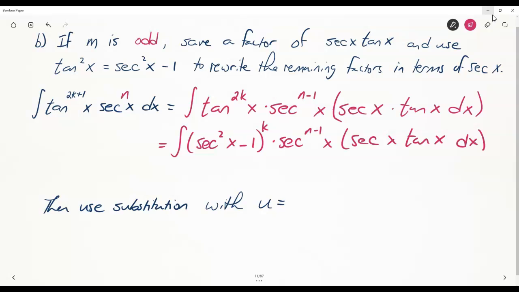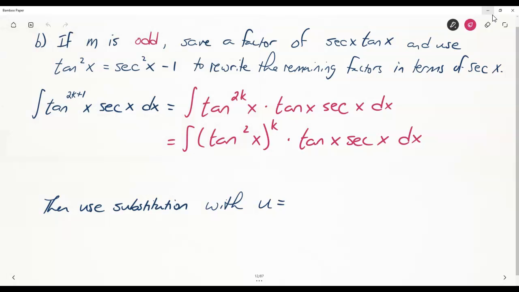But here, once you get to this step, now let u be secant of x, then you can take its derivative. Its derivative will be secant of x tangent of x dx. And from that point on, it'll be a polynomial in u now. You'll need to multiply it out, but you should be able to finish it.